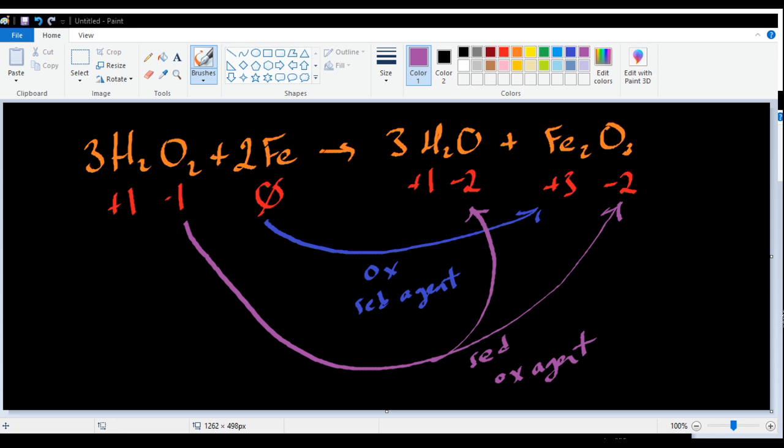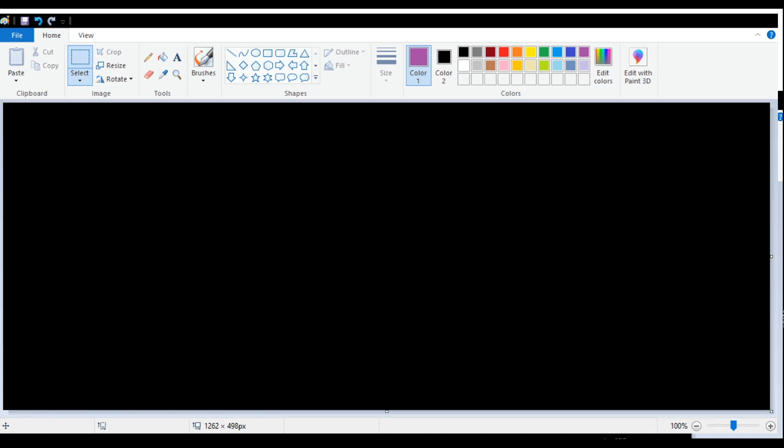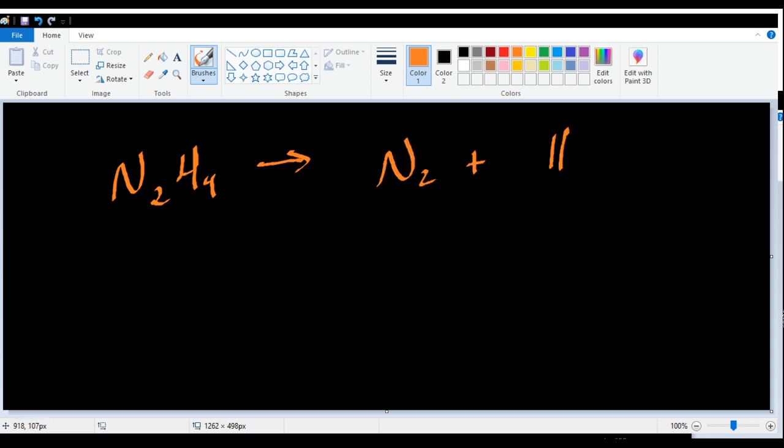So let's go ahead and move on to our next problem. That being hydrazine breaking apart into nitrogen and hydrogen.